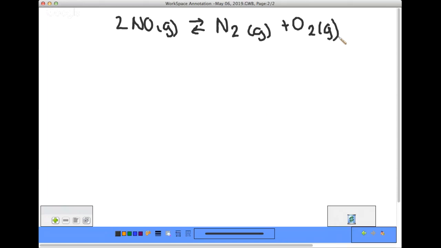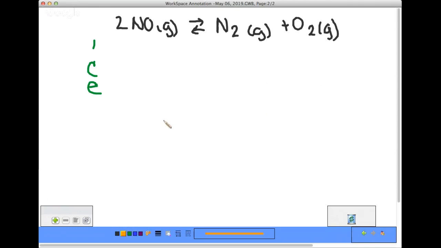What are the concentrations of all the substances at equilibrium? So we're going to need to create an ICE table. Let's go ahead and create our ICE table using this reaction. I'm going to put my ICE on the side, and let's start filling this in.